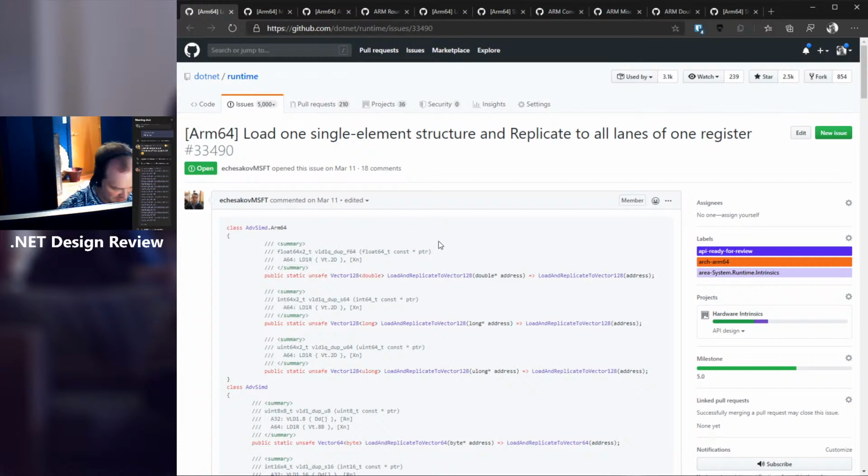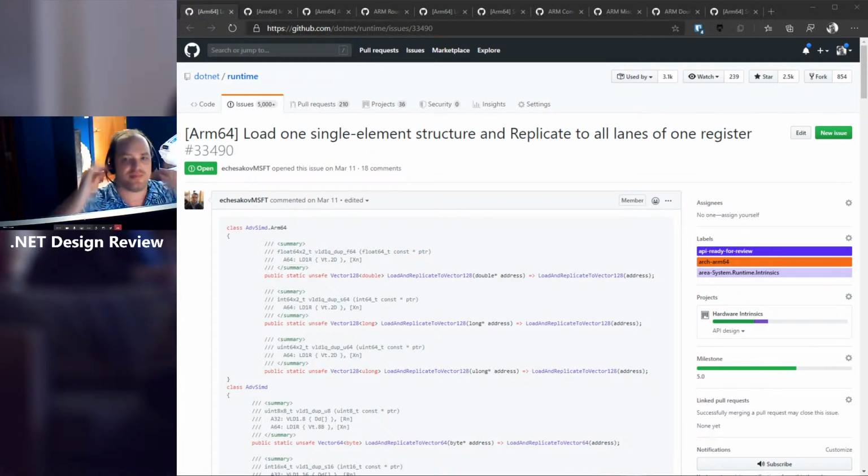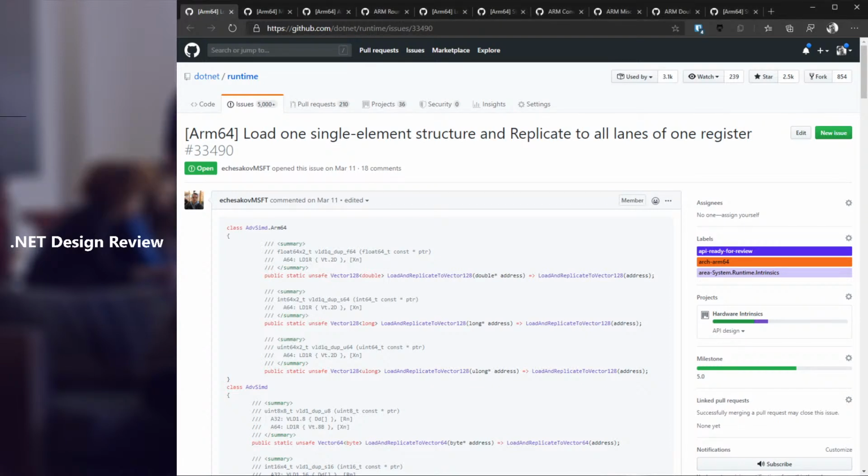Alrighty, so. Cannot see, cannot see the screen. I thought I shared the screen. Oh, I didn't do it with Teams. Now I have to figure out how to do this in Teams. Where's my sharing tray? Oh, that's right.